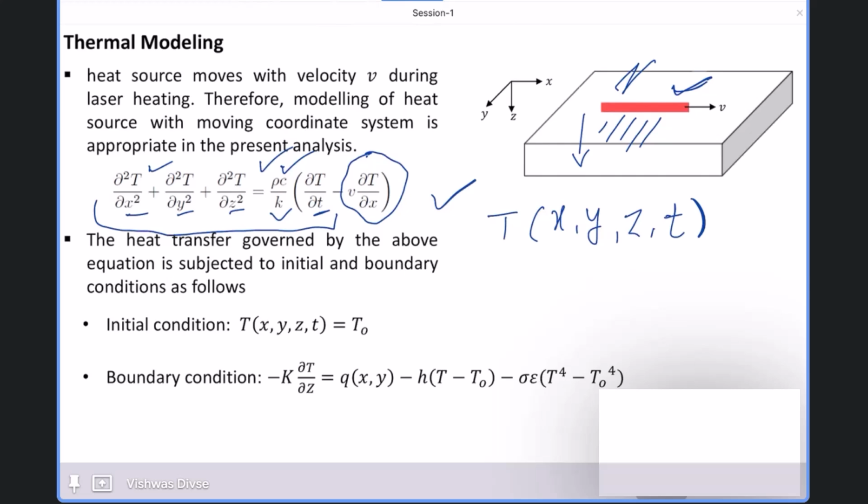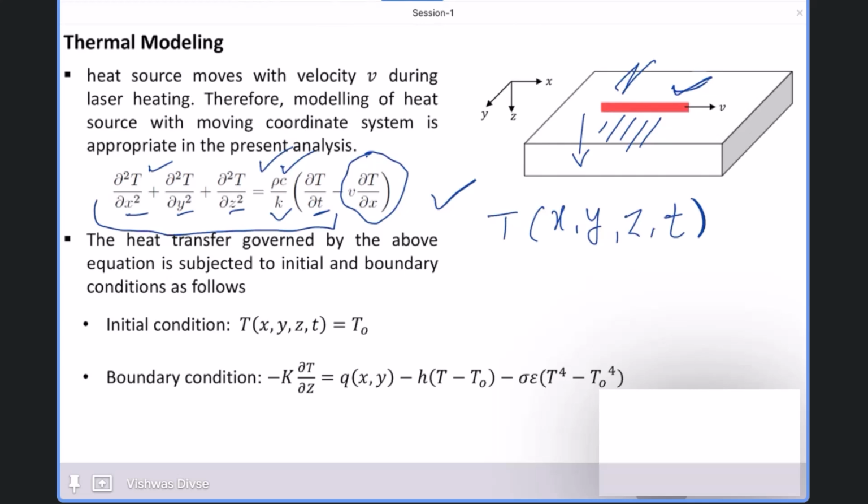As far as FE software is concerned, it will take care of this velocity and moving heat source because we already selected transient heat transfer analysis. So all this transient phenomenon, that is velocity as a function of time, automatically it will take care of. Okay, so this is the understanding of your governing equation.